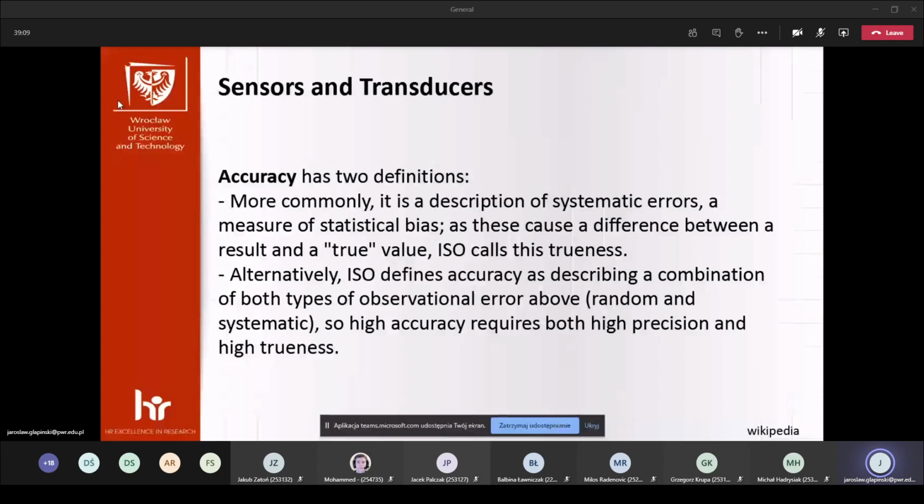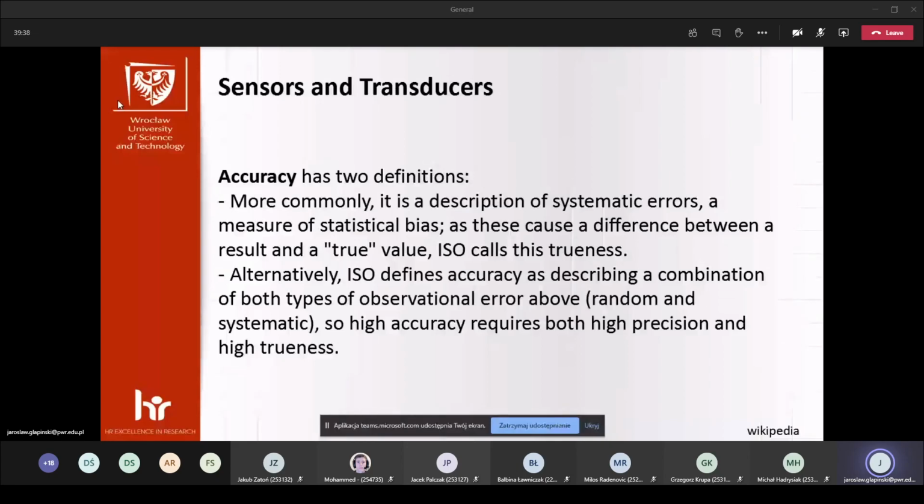This is caused by some external elements, some human, because each of us can measure in a different way, can hold the probe in one or another hand. We have different temperatures on our hands, so we change the property of the measurement system.